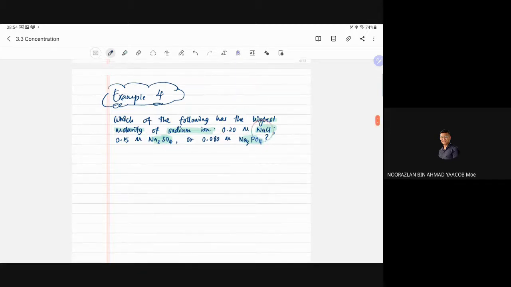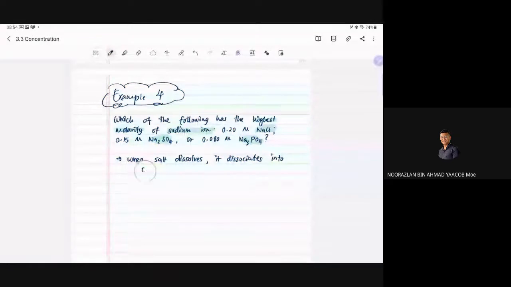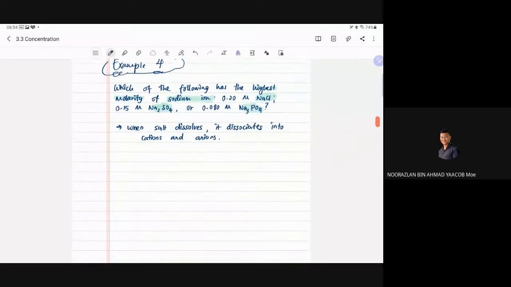Kita tahu bila salt, okay, when salt dissolves, it dissociates into cations and anions. Okay. Jadi NaCl, kalau kita tengok NaCl, dia akan pecah jadi Na plus, Cl minus.